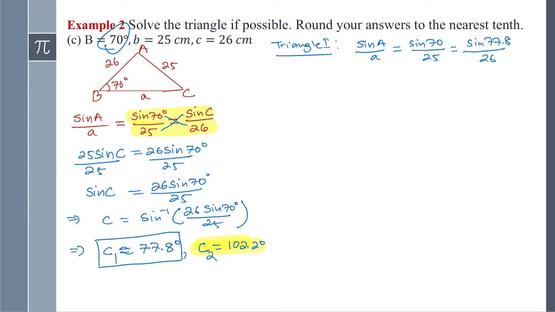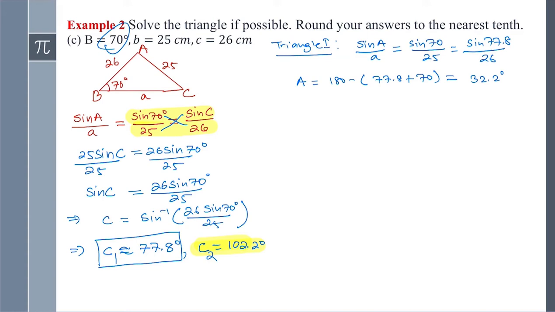Now we know angles B and C, so we can find angle A by subtracting from 180 the sum of 77.8 plus the given angle 70 degrees, and that gives us 32.2 degrees.